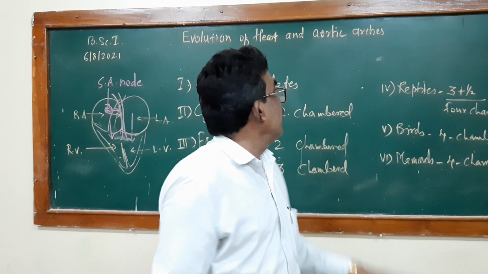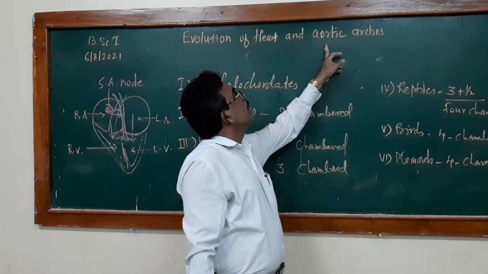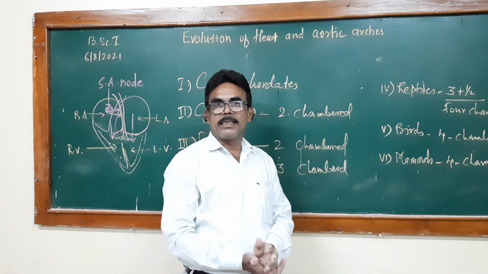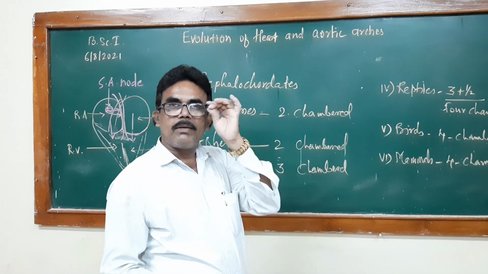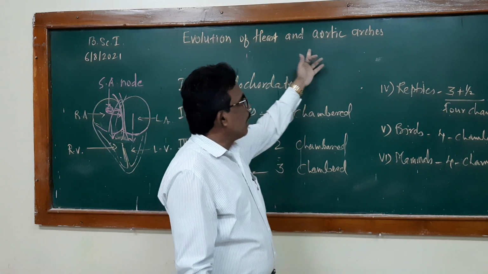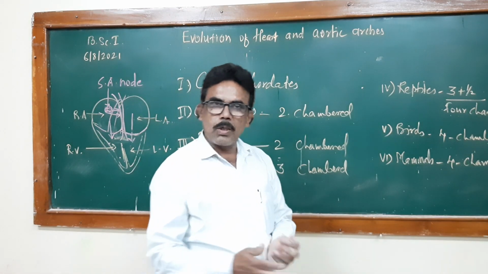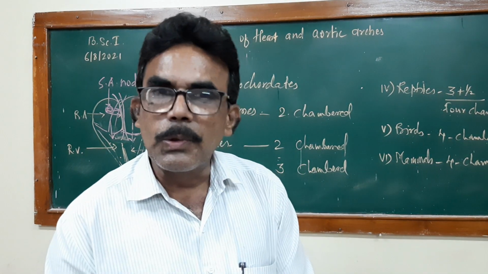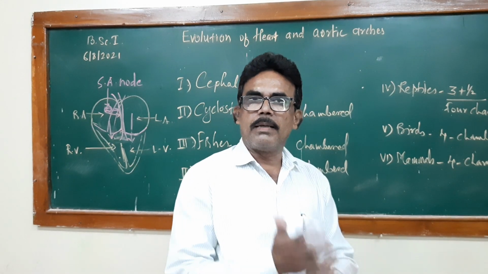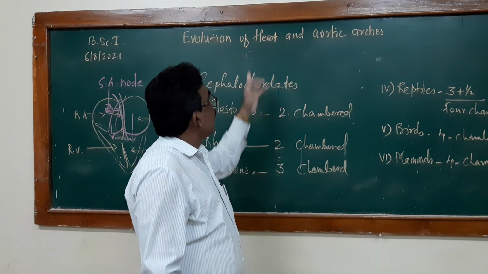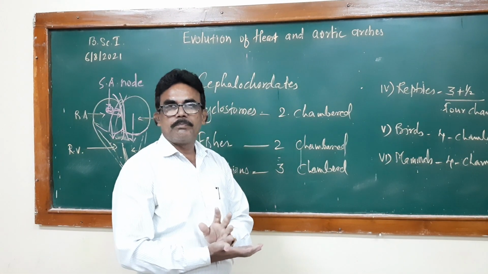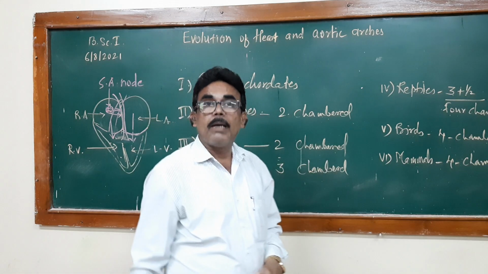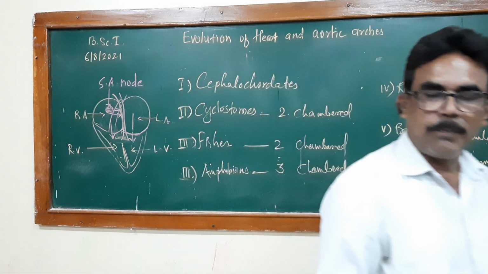We will see the evolution of aortic arches in the next lecture, because within this lecture we cannot finish the aortic arches. So today it's enough; this is the last chapter of the comparative anatomy of base part first. Okay.